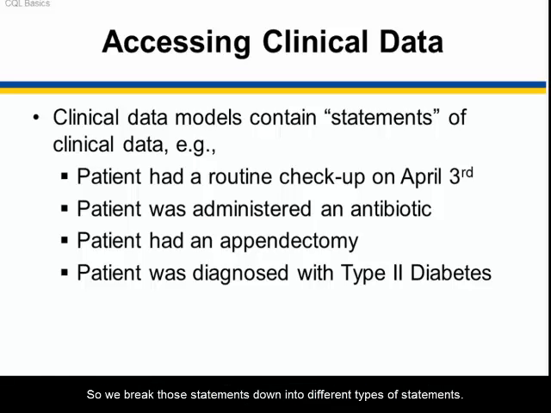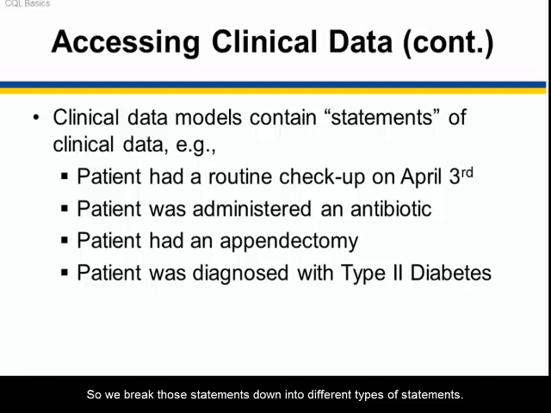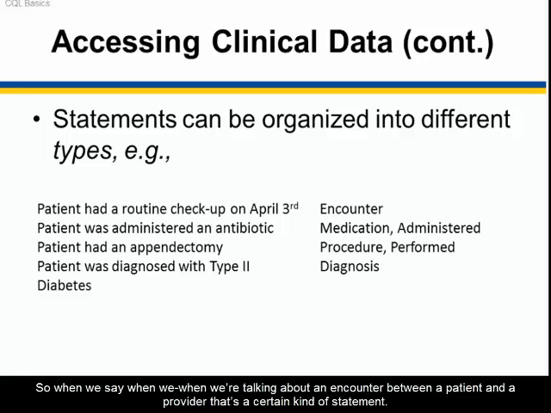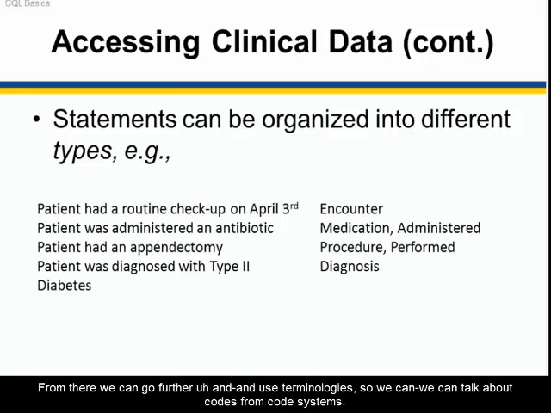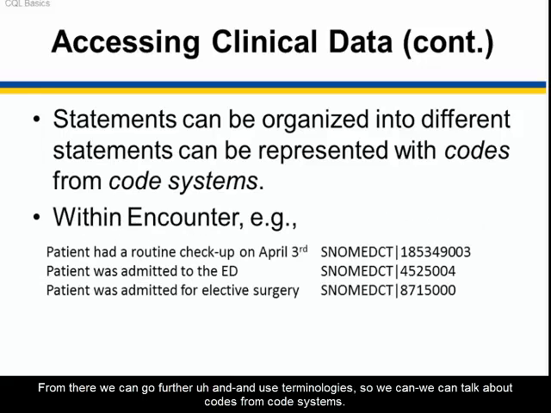So we break those statements down into different types of statements. So we say when we're talking about an encounter between a patient and a provider, that's a certain kind of statement. The patient was administered an antibiotic, and we break down the overall groups of different kinds of statements into these different categories. We label them types. From there, we can go further and use terminologies.